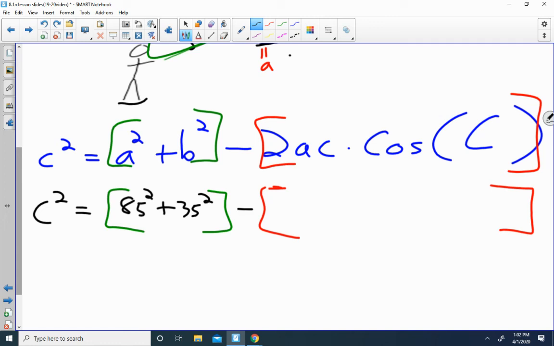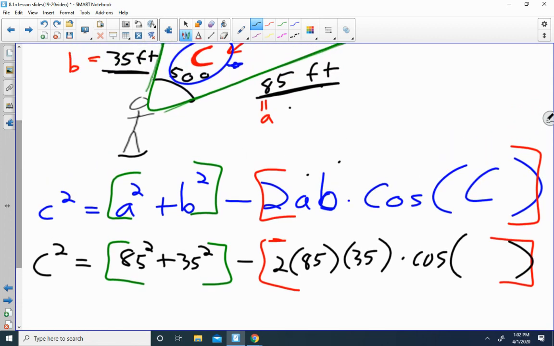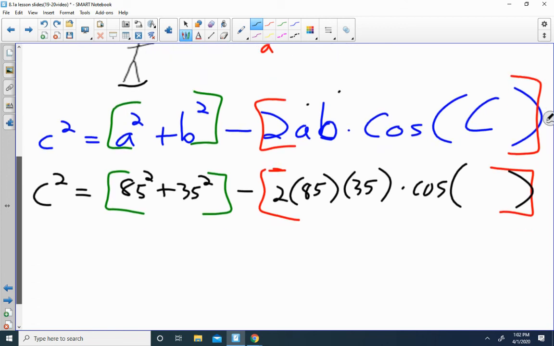And then subtract 2 times a times b. a was 85, and b is 35, times cosine of big C. What was big C? Big C was 50 degrees. Okay, sorry for the typos on that. We should be good now. We've got everything that needs to be plugged in. Now we can do the chugging.